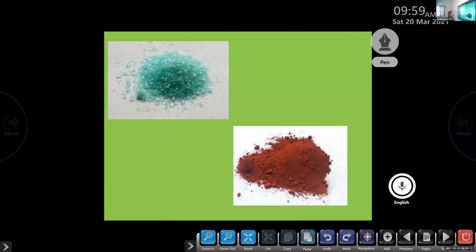And this is the color change that occurs for the compound. This is FeSO4.7H2O, and this one is Fe2O3, ferric oxide. You look at the color change. A bluish green crystal changes to a red colored compound.